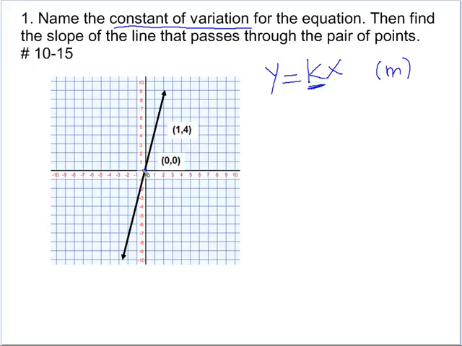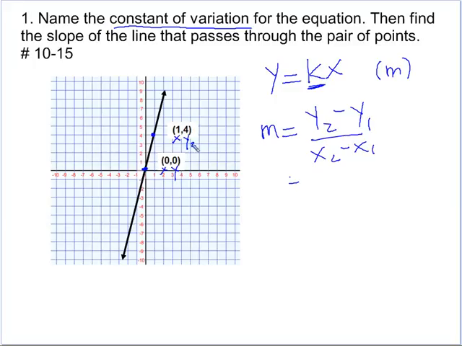Luckily, they have given us 2 points here, (0, 0) and over 1, up 4. So I have 2 points and I need to find the slope, and to do that, I'm going to use the slope formula: y2 minus y1 over x2 minus x1. I could even label these: we could call that x1, y1, x2, y2.